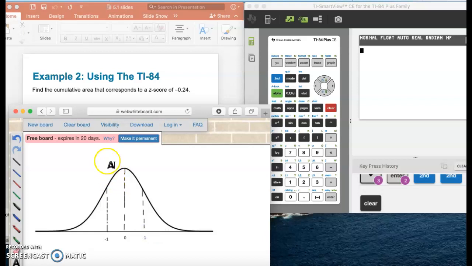Okay, so that means we want to find the area that corresponds to a z-score of -0.24. So -0.24 is going to be right about here. So I'm going to draw that line, and I'm going to label that -0.24.